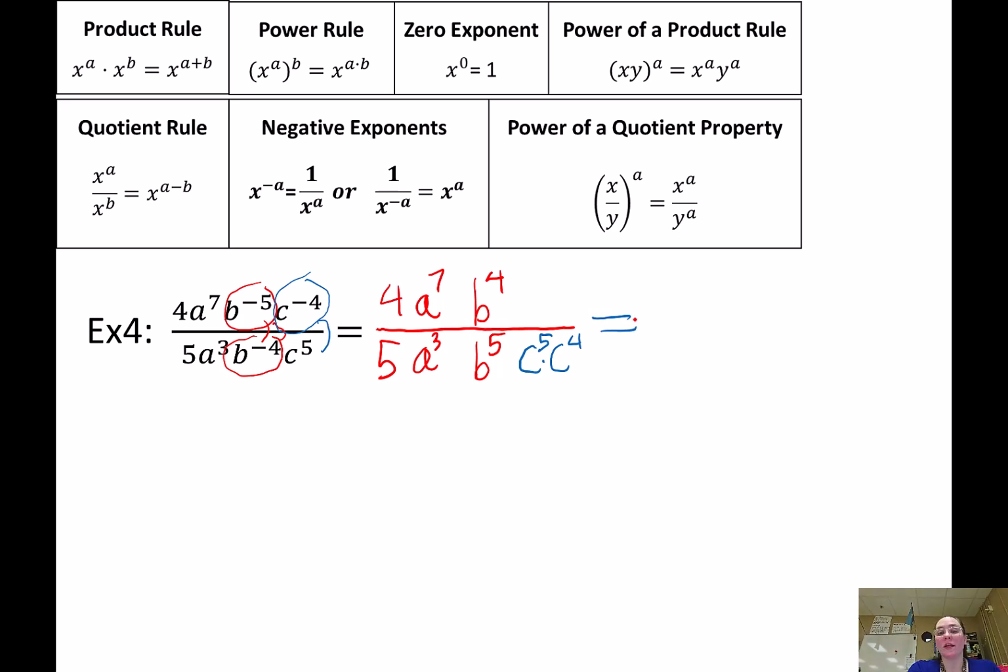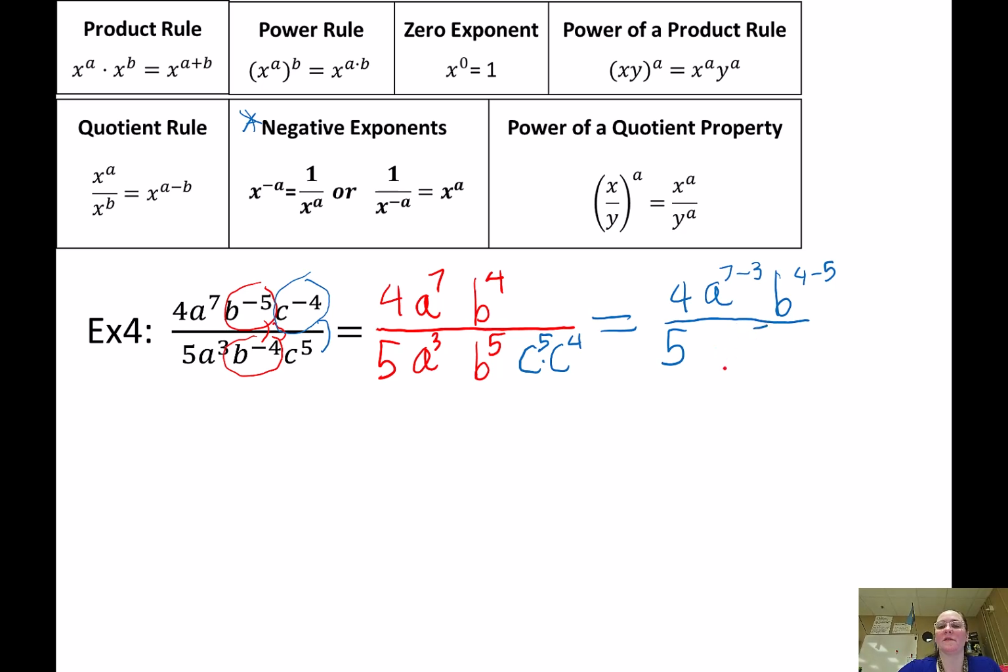Okay, from here, so that was using our negative exponent rule. From here, we can use our quotient rule. Okay, 4 and 5 do not simplify, so we're just going to leave them be. But I can say a to the 7 minus 3, b to the 4 minus 5, and then in the bottom I've got c to the 5.